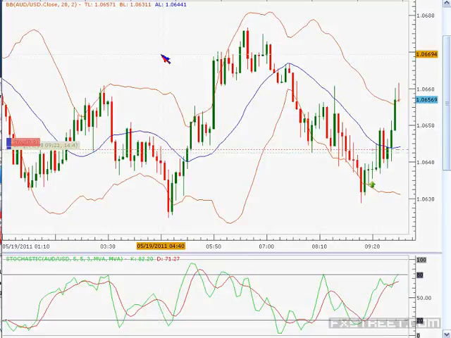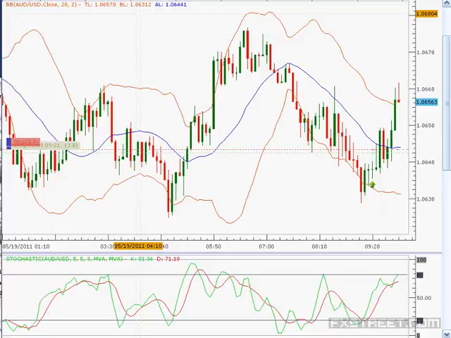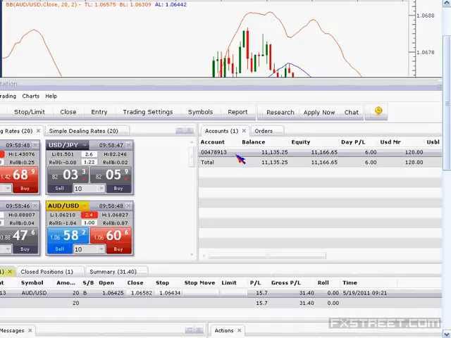I mean, I could take the trade off right here, but we're up 14 pips, which isn't horrible, but our initial stop was about 15 pips, so we're about 1-to-1. I'd prefer to see a little bit more here, and maybe we should have thought about taking it off around 160.60.